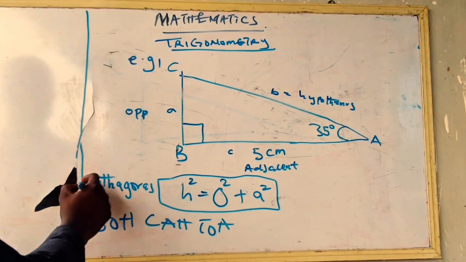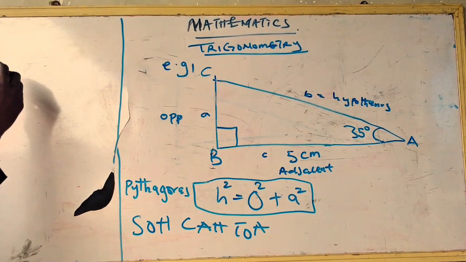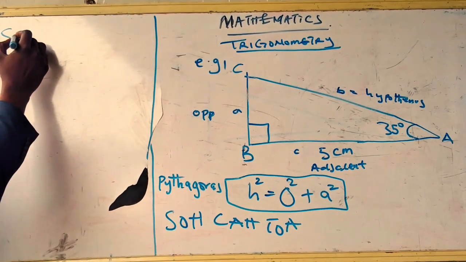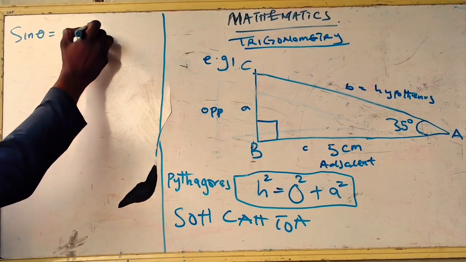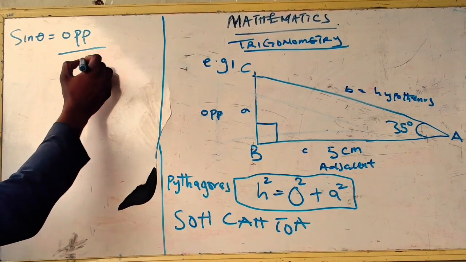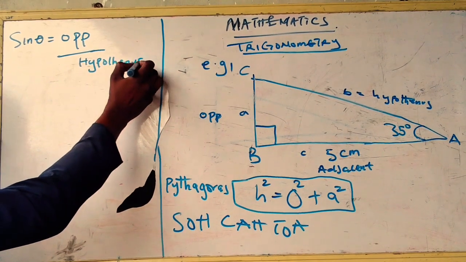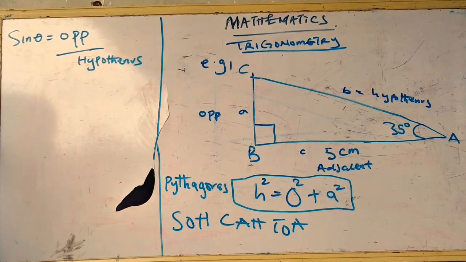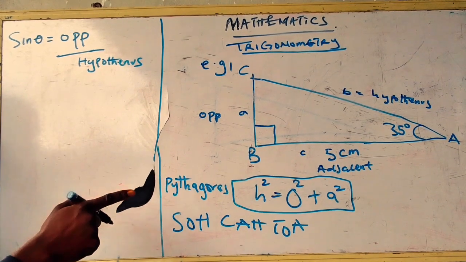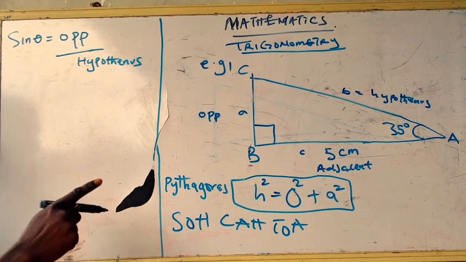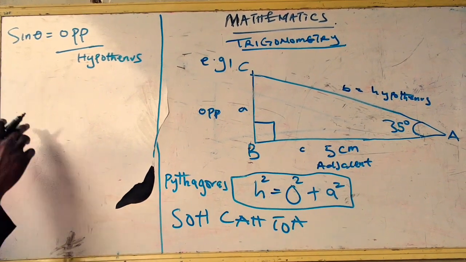I'm going to need to divide this board right now. SOHCAHTOA means: sine theta equals opposite over hypotenuse. Please make sure you get your biro and writing material because I'm going to be cleaning that side very soon, so write it down somewhere.